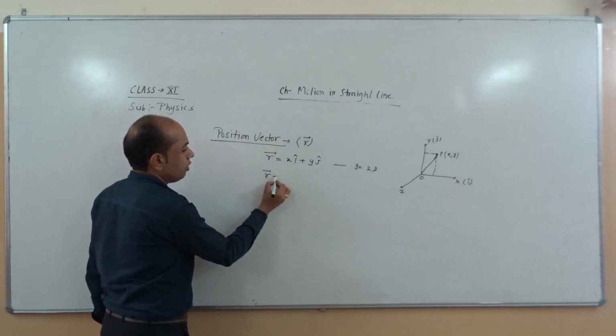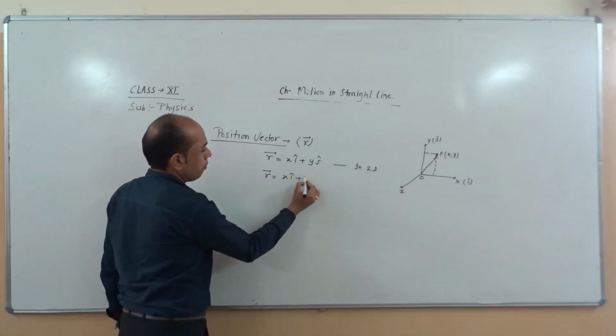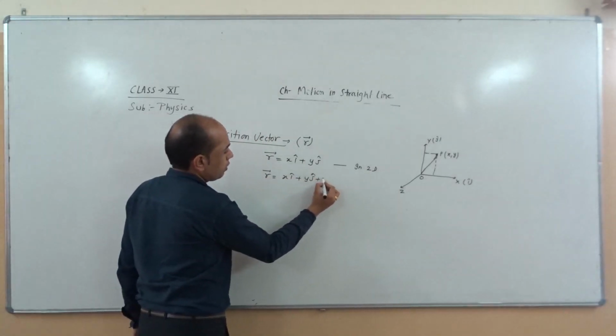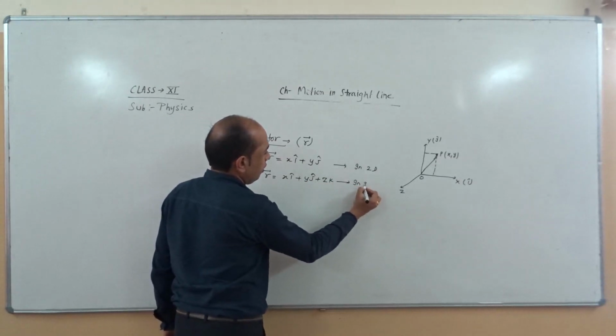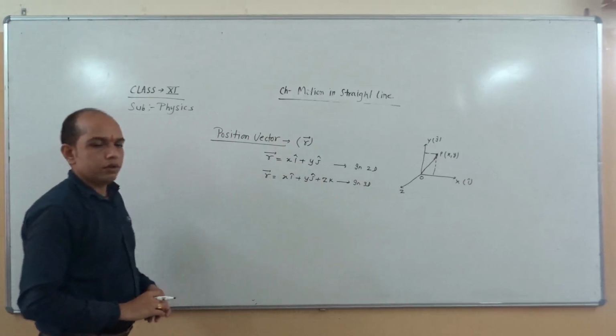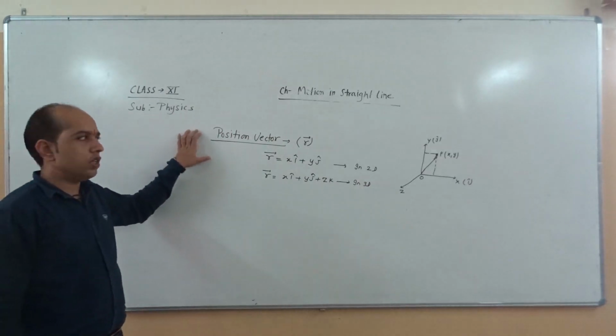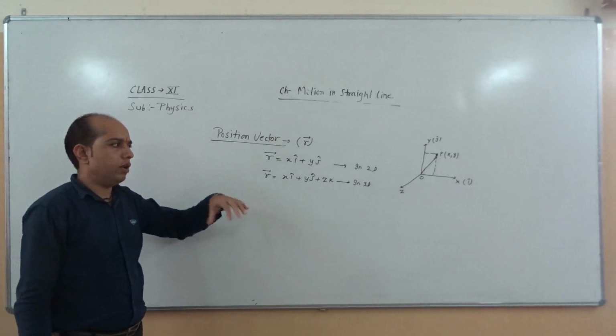Similarly, r equals xi plus yj plus zk in three dimensions. This is the way to define the position vector of any object during the motion.